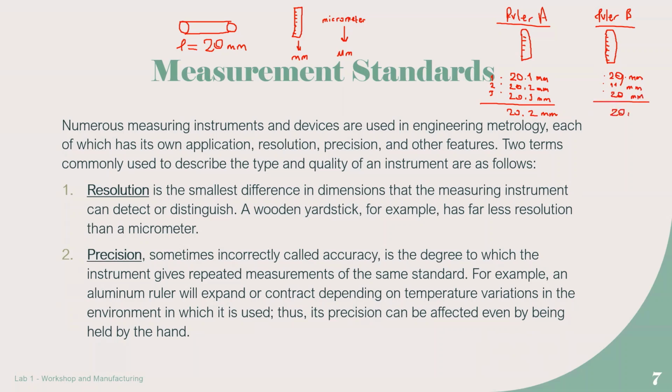It is 20 millimeters, right? So ruler B is accurate because the average of my measurements is the correct value. It is really close to the correct value, but it is not precise.